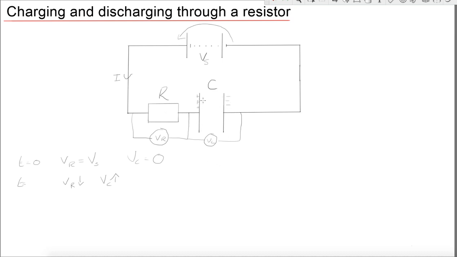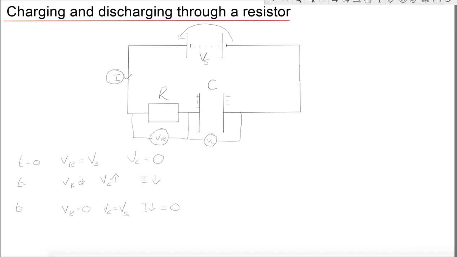So it is getting harder to move those charges, and so the current, the rate of flow of charge, is reducing. And then finally, at some perhaps much later point, the current will have fallen to 0. VR, because there is no current now, will also be 0. And VC will equal the PD across the supply.